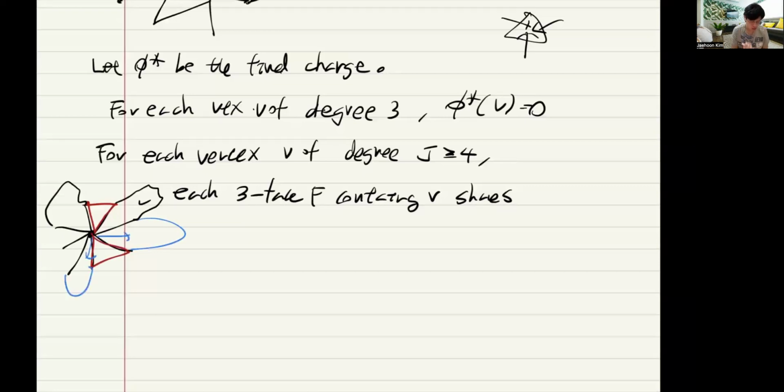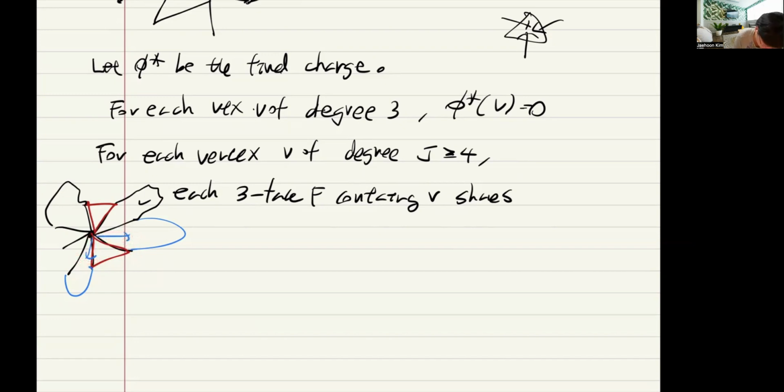And again, there is a triangle here, then it may have to give the charge to this face and this face. You see, this has degree j, so there are j faces. Out of them, the ones taking charge, there are either 1 or 2 that take charge. There must be another triangle here in order for them to be able to take the charge from this point.